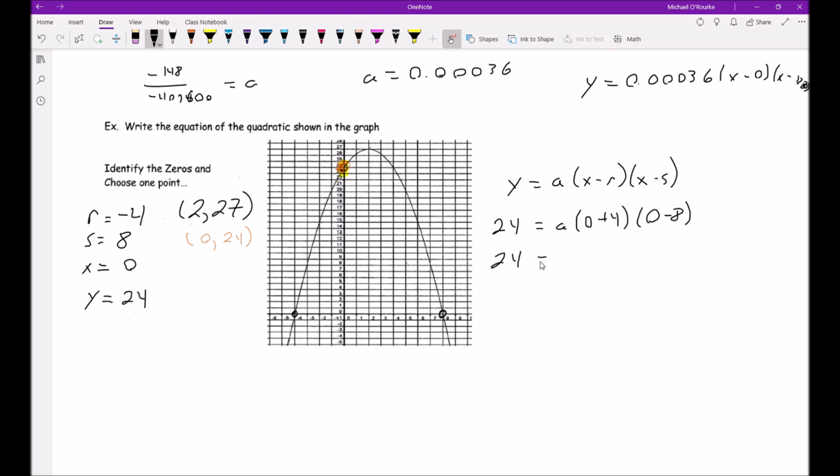So 24 equals a, 4 times -8. 24 equals -32a. Then we bring this over. 24 over -32 equals a. So a equals, what's that as a decimal? 0.75.